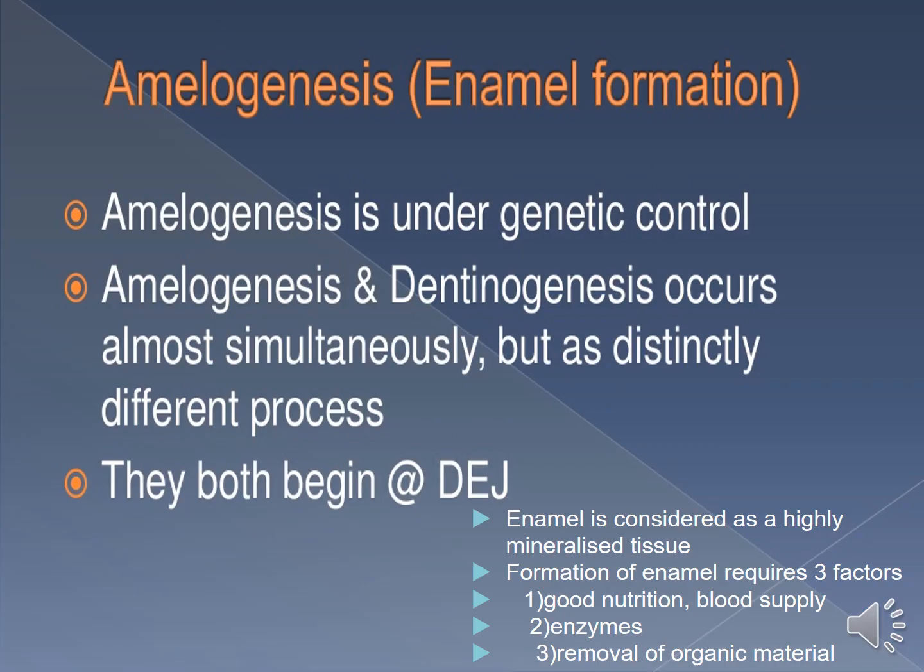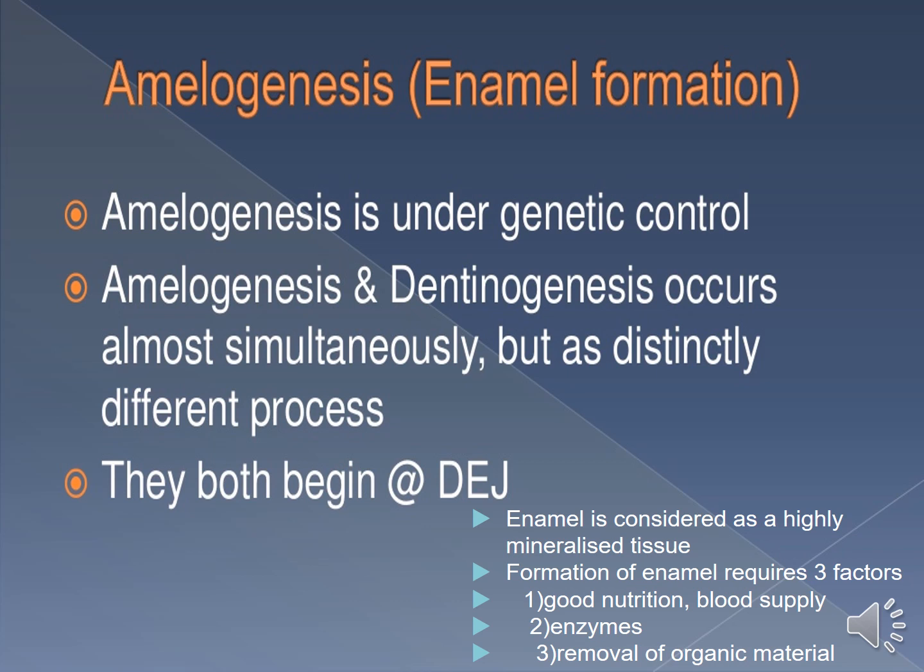This enamel which is formed is the highly mineralized tissue which requires mainly three factors. So the amelogenesis and the ameloblast should be taken care during its formation and development, which requires a good nutrition, the blood supply, the removal of the organic content and the various enzymes involved. So basically it is under the genetic control.